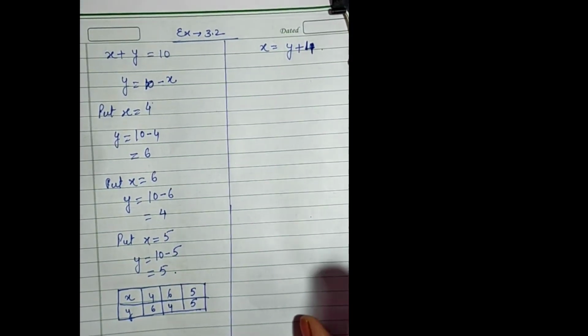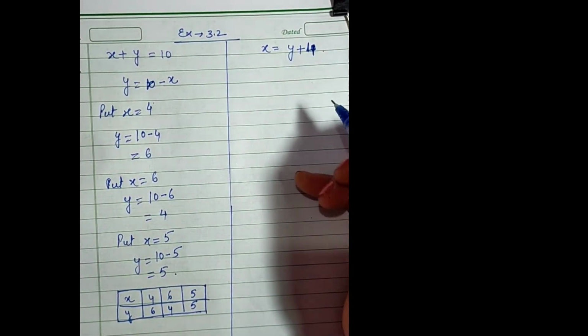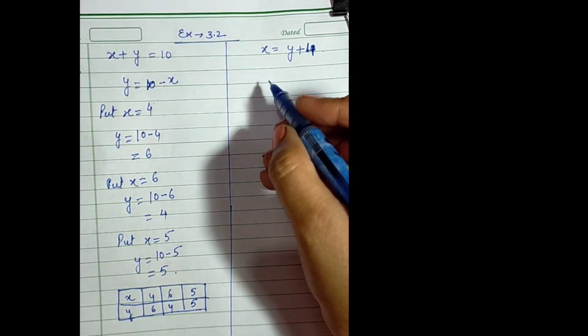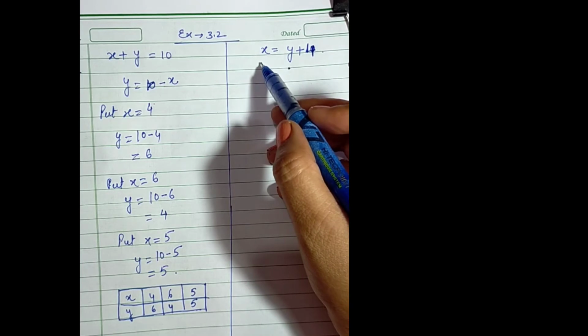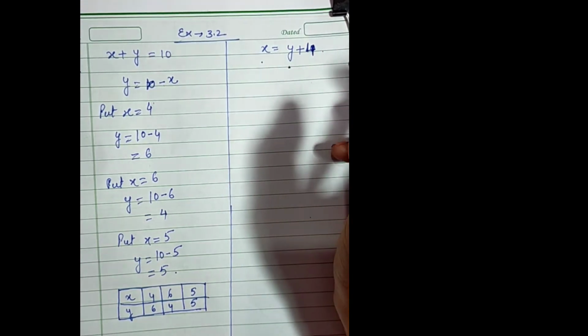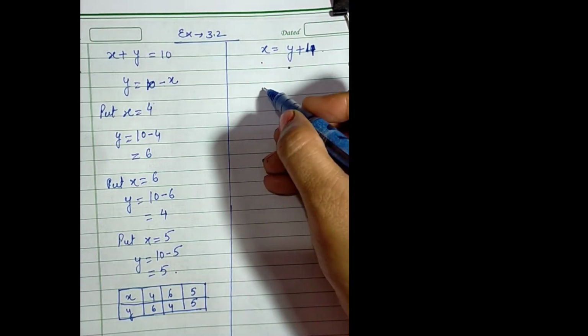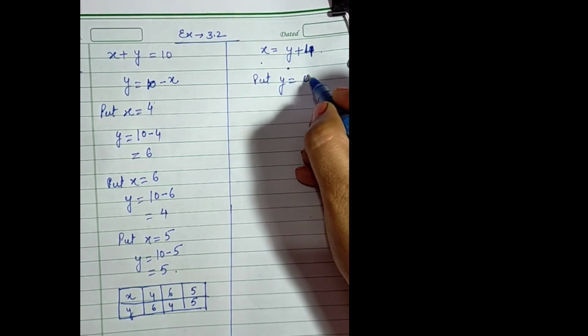Now we are going to find the values for the next equation. So x is equal to y plus 4. Here we are going to put the value for y, and we will be getting the value for x. That means the value of x depends upon y. Y is the independent variable here. So let's put y to be 0.